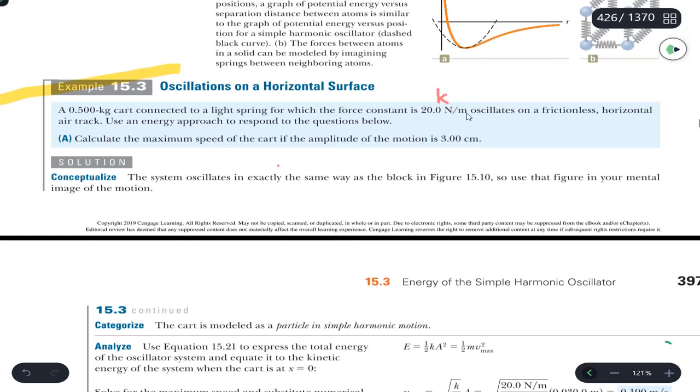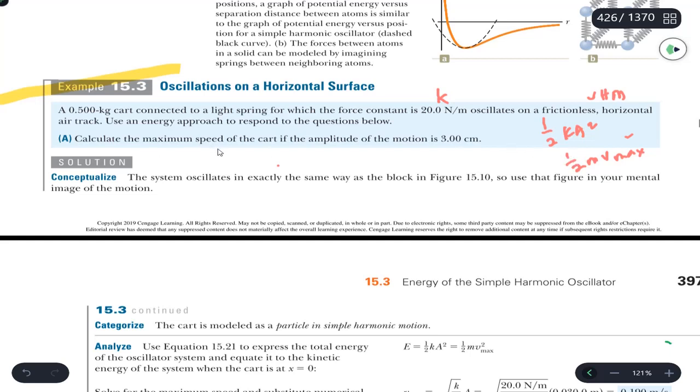Let's label that. There is no friction, so obviously this is a simple harmonic motion. Since it's a simple harmonic motion, we can use the energy approach we saw earlier, which is half kA squared, half mv maximum squared, or perhaps in the generic form of half kx squared plus half mv squared.